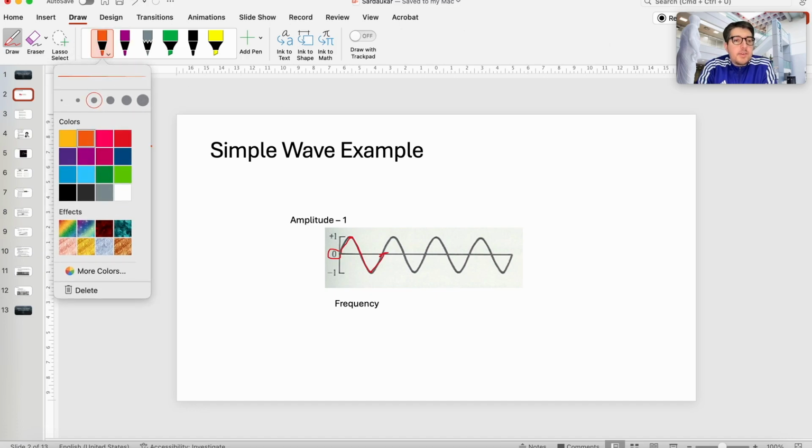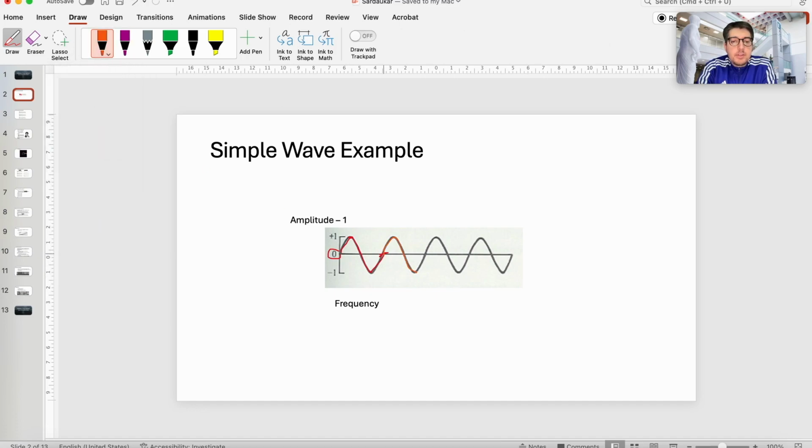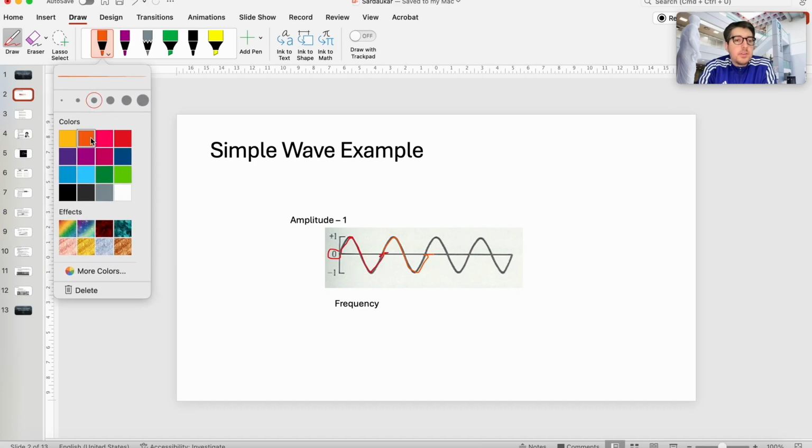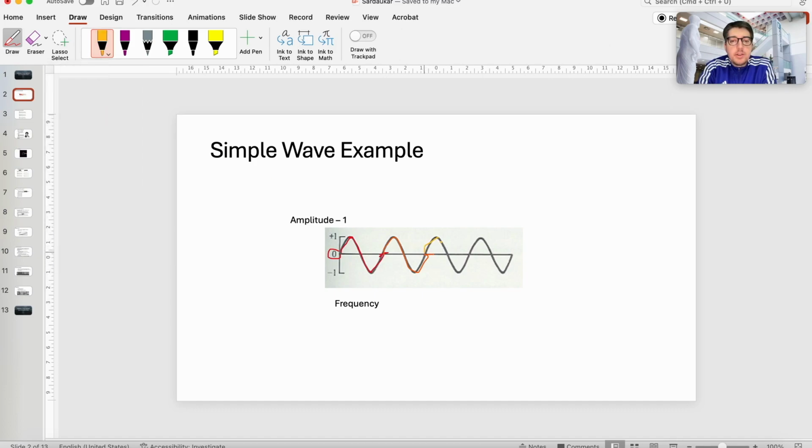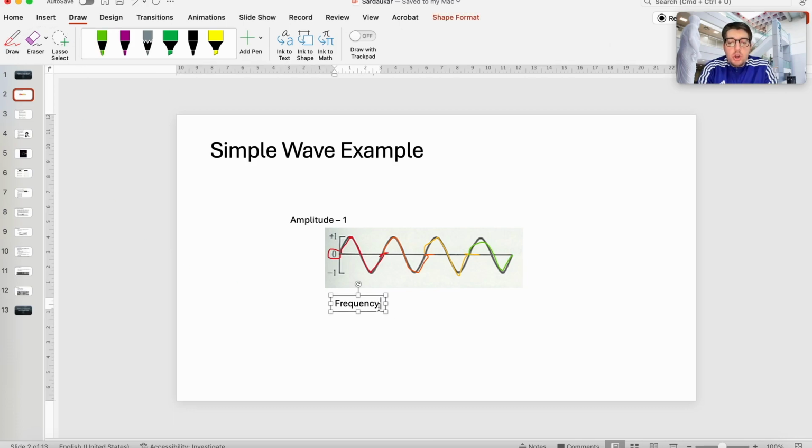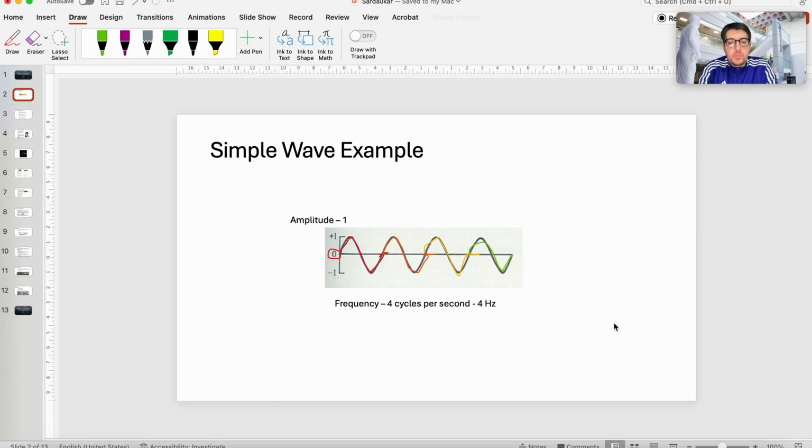Then we have another cycle and another, and finally a 4th cycle, right? So this is a sine wave with a frequency of 4 cycles per second, or more commonly known as 4 hertz, right? I won't get into why these are hertz, but they are hertz. Okay, we got that covered.